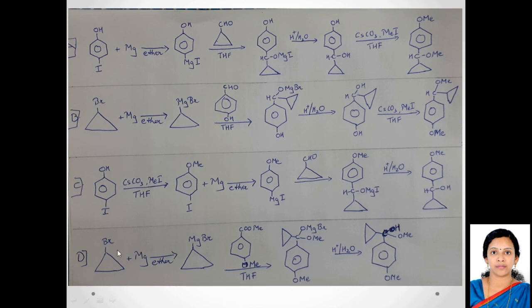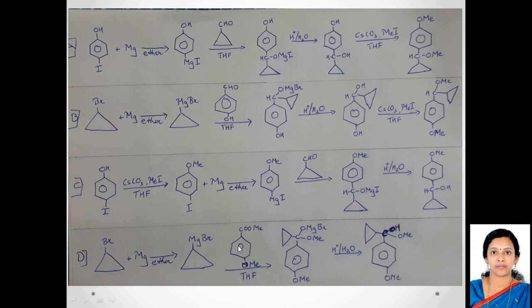Option D, starting with a carboxaldehyde, again just like this here, and you get the Grignard reagent here. But then you are reacting with a slightly different reagent. You are reacting it with methyl 4-methoxybenzoate. So this is methyl benzoate with a 4-methoxy on the 4 position or the para position.